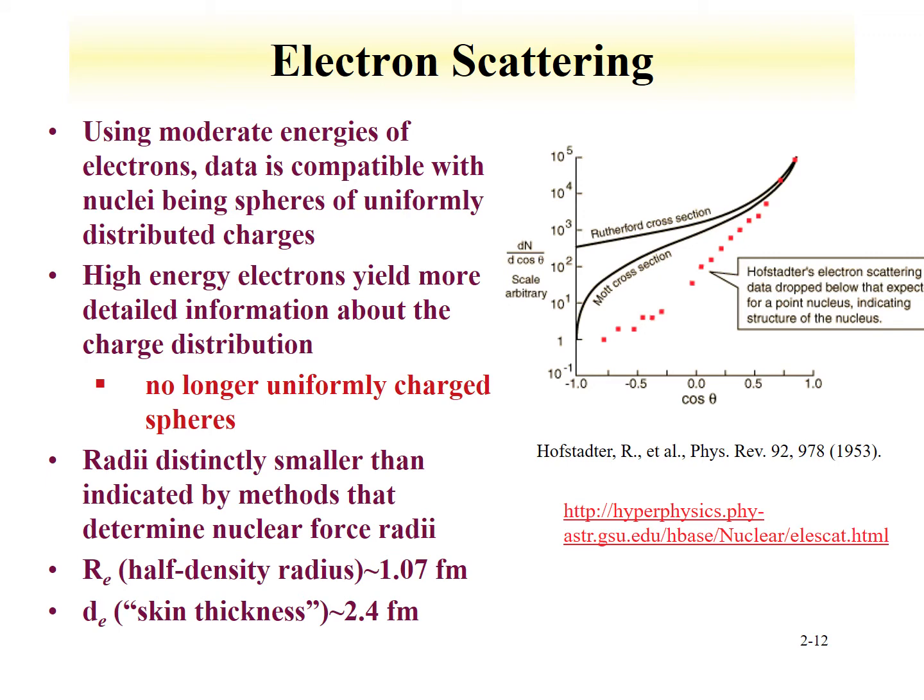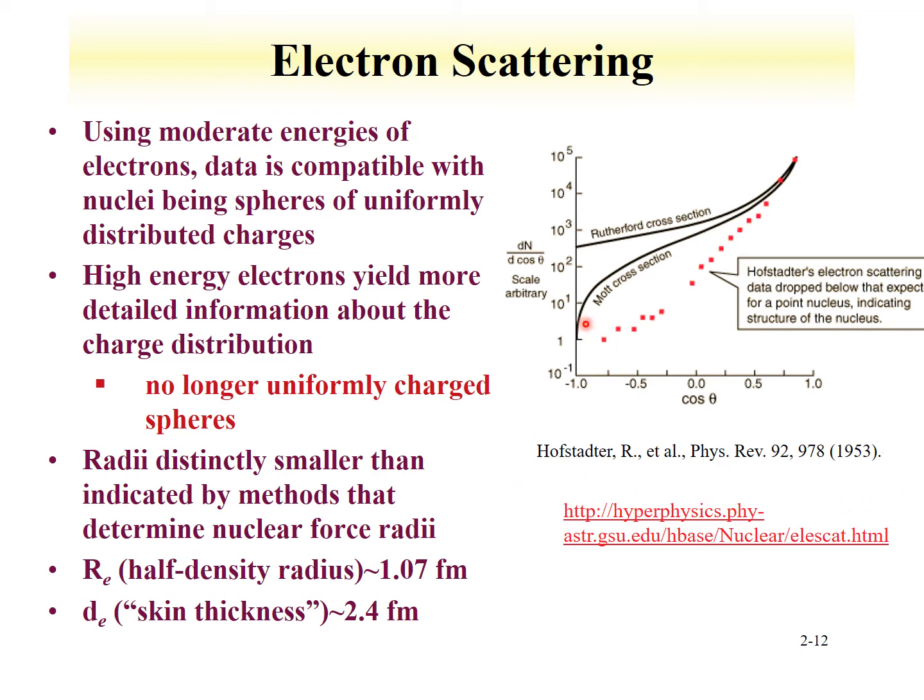As we alluded to on the previous slide, electrons can also be used for determining information about the nucleus. At moderate energies, data is fundamentally comparable to nuclei being uniformly charged spheres. At high energies, more information comes out that shows that the nucleus is no longer a uniformly charged sphere. An example of that data is shown here, the reference provided here.